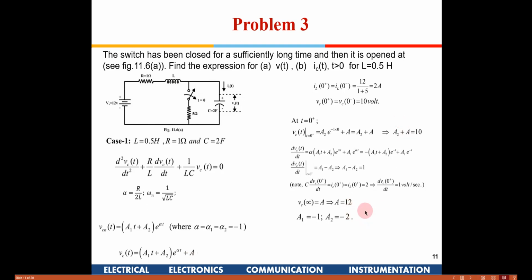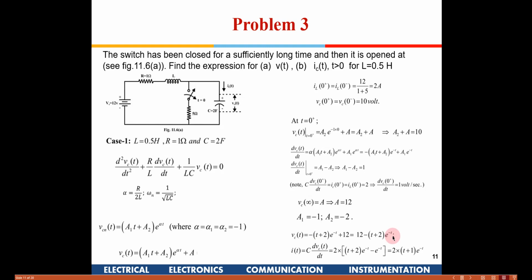So now you have 3 equations. With that you can find the values, using the equation we got here and the second equation out here. So substituting these values, we can write the equation for voltage.